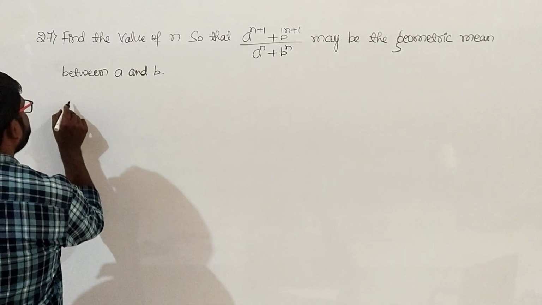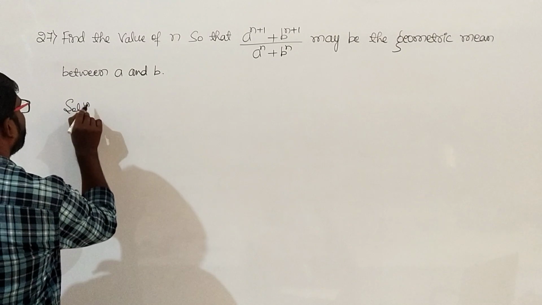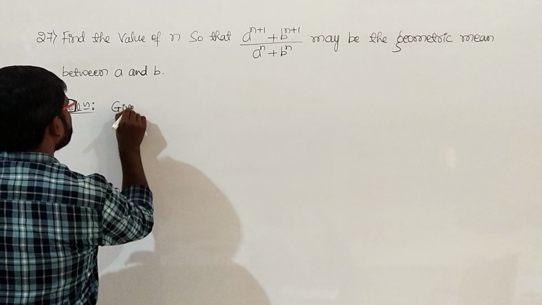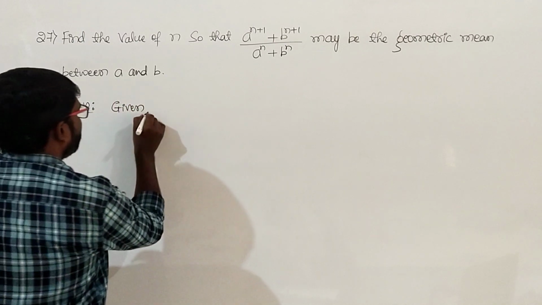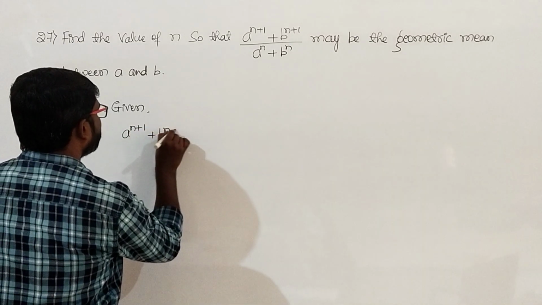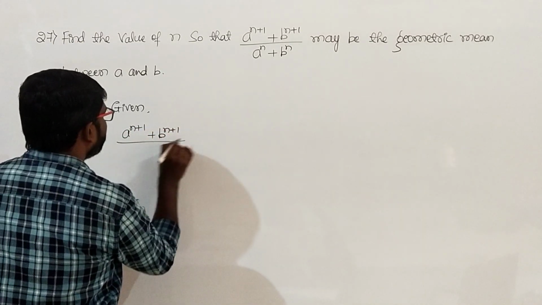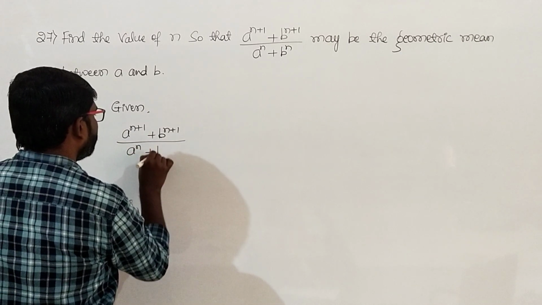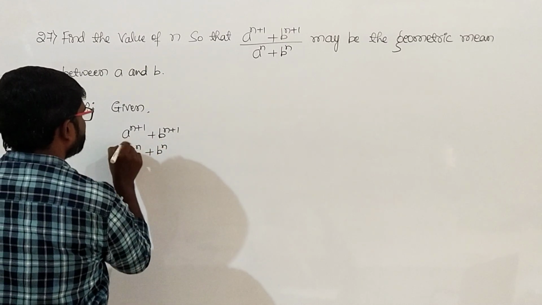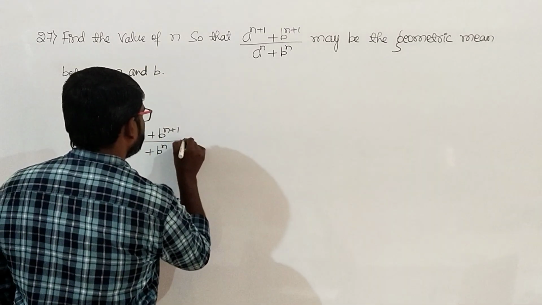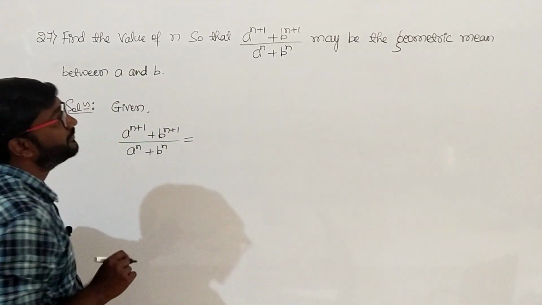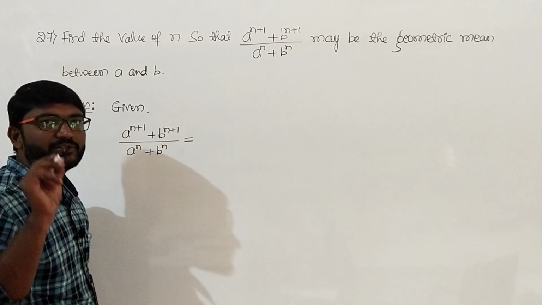So here, given (a to the power n plus 1 plus b to the power n plus 1) divided by (a raised to n plus b raised to n) equals the geometric mean between a and b, that is going to be root ab.